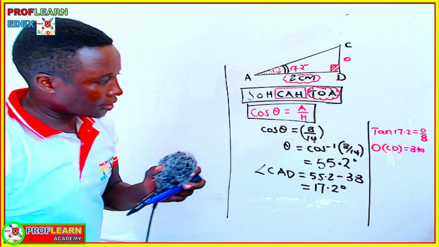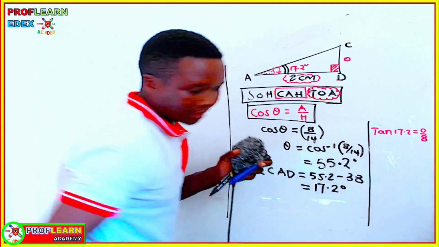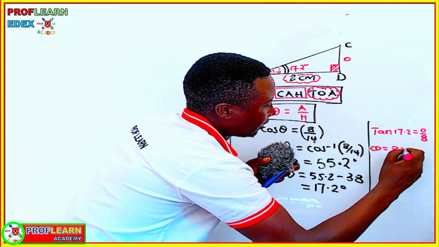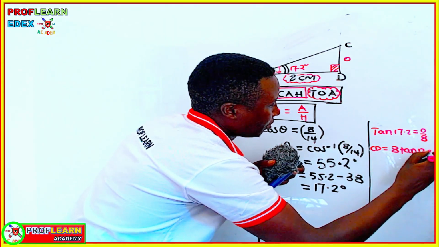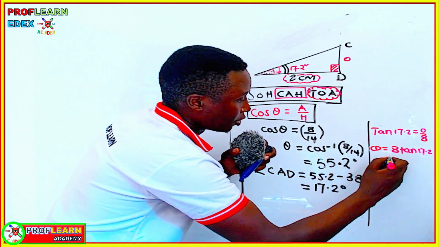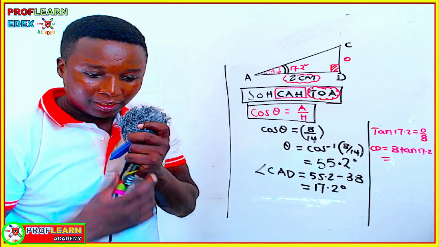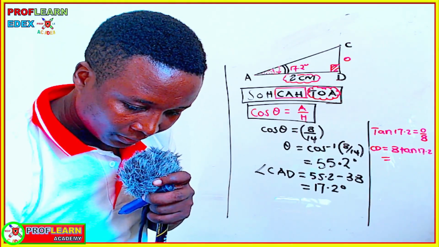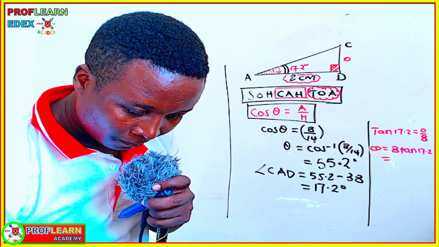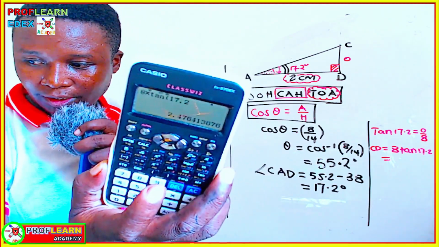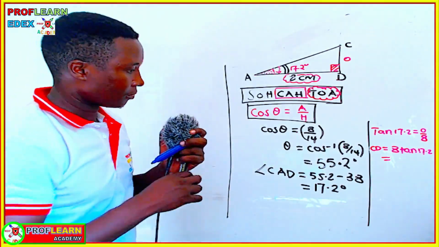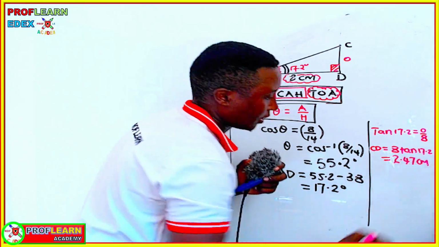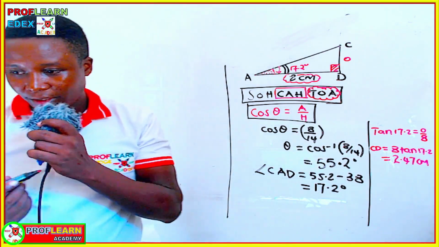Because the space is not enough, let me just use that single value here and say CD is 8 tan 17.2, which we can work out using our calculator. 8 times tan 17.2 is going to translate to 2.47 centimeters.